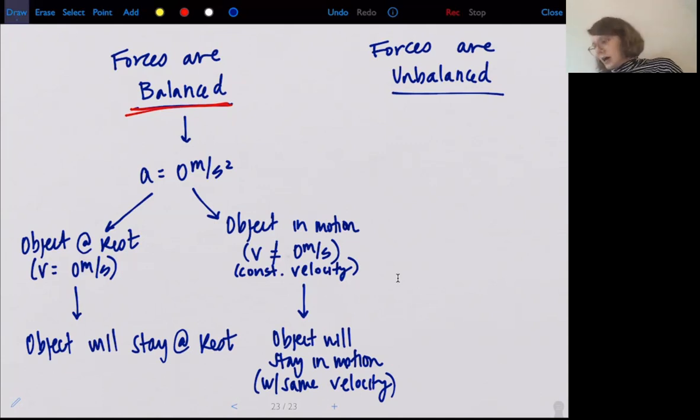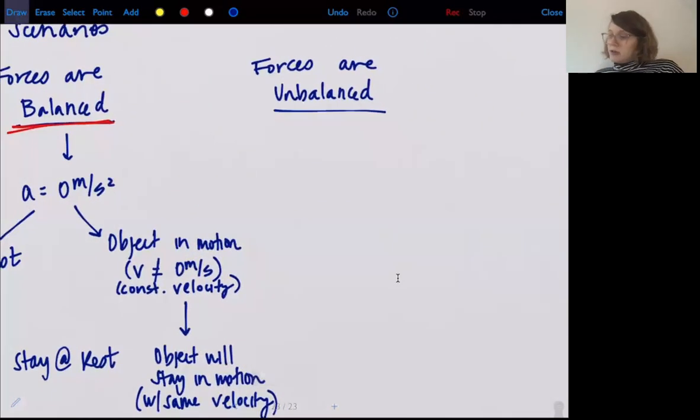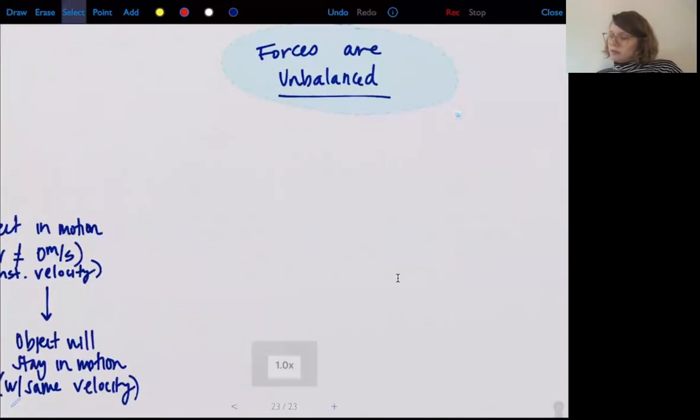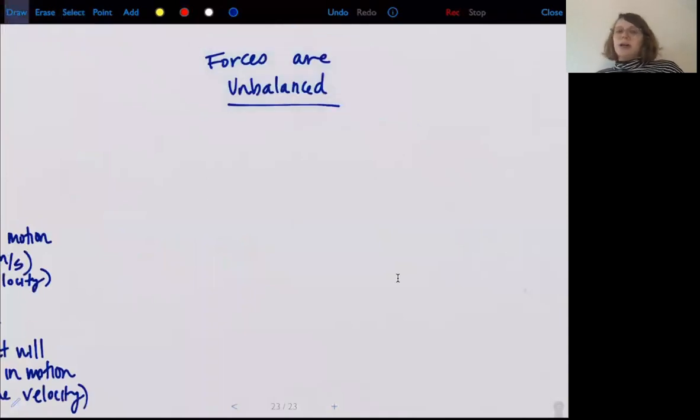Newton's second law describes what happens to an object when the forces are unbalanced. When we have an unbalanced net force on an object, there is acceleration.